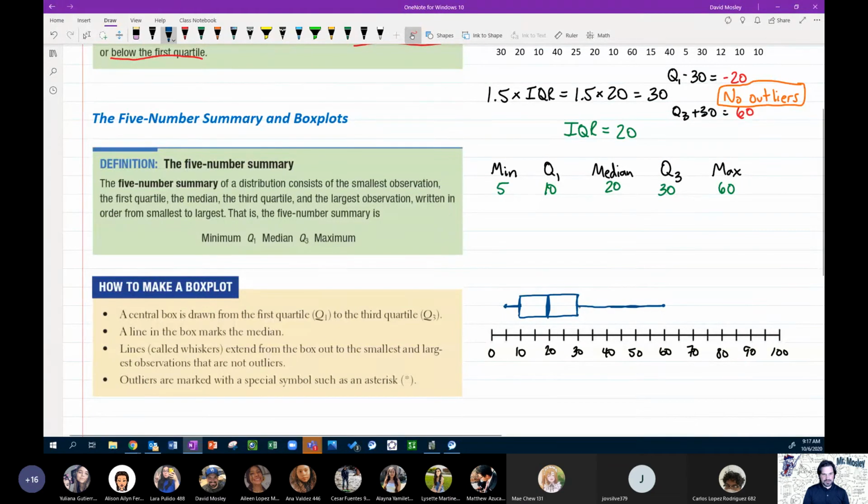We don't have any outliers, so we don't need to worry about stopping our whiskers early. Outliers are marked with a special symbol, such as an asterisk. If we had some outliers, they'd be out here somewhere. We don't, so we're not going to put them there. Sometimes you'll see box and whisker plots with these little end markers on them. It's okay to do that. And this is our box plot.